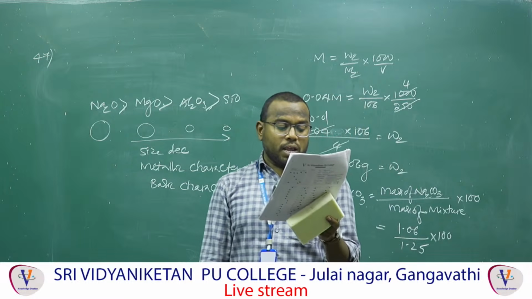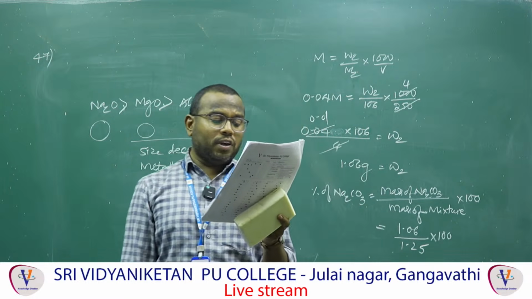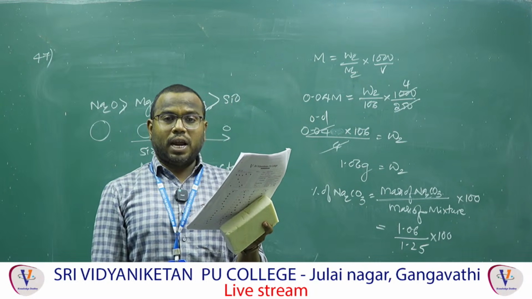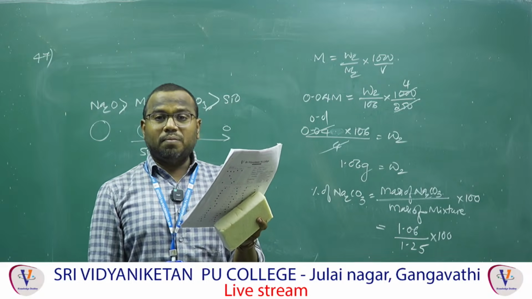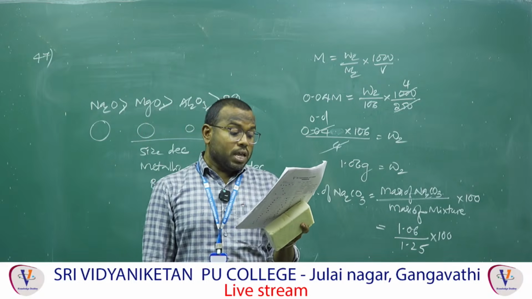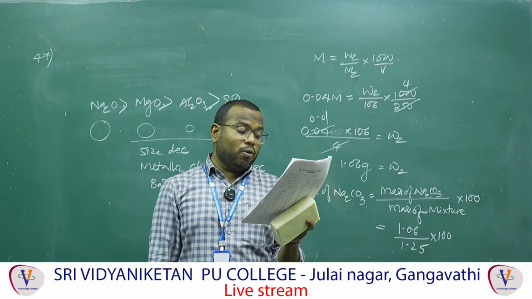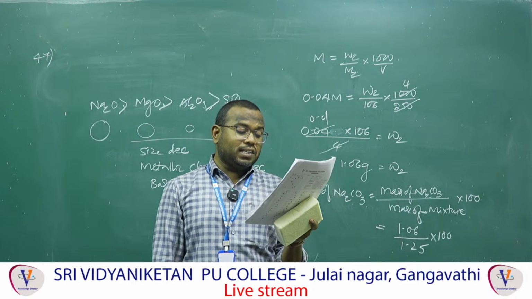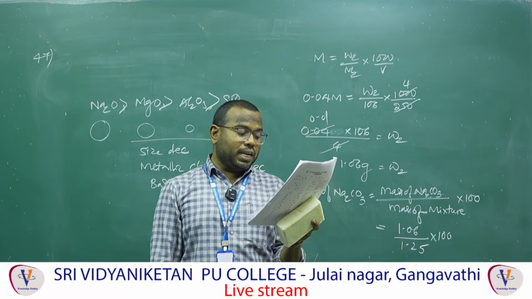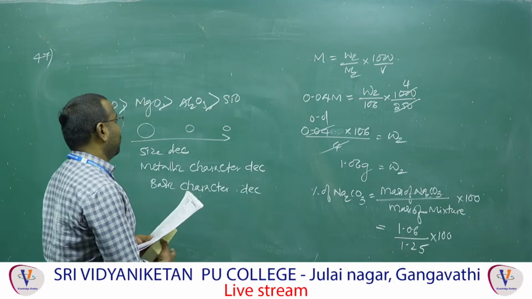Next question. The energy of an electron in the first Bohr orbit of the hydrogen atom is minus 13.6 electron volt. The magnitude of the energy of an electron in the first excited state of beryllium plus 3 is how many electron volts?